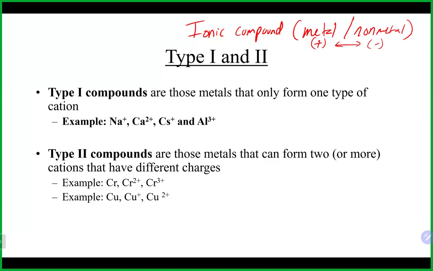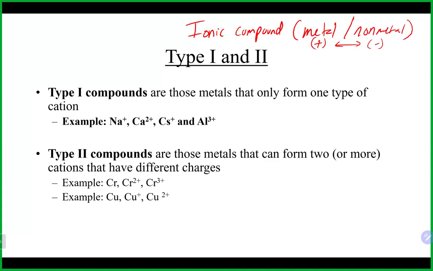In general, when you are naming and you see a metal, that is the most important thing. If you see a metal in any type of formula, or really even in a name, that is the most important thing that you should look at. It is really the thing that will determine how you should name that particular compound.